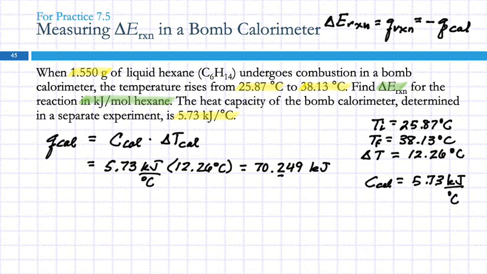So somebody please check my math. We'll blame it on my calculator. So that is Q for the calorimeter, assuming I didn't screw it up. So then delta E for the reaction is equal to negative Q for the calorimeter. So that's negative 70.249 kilojoules.